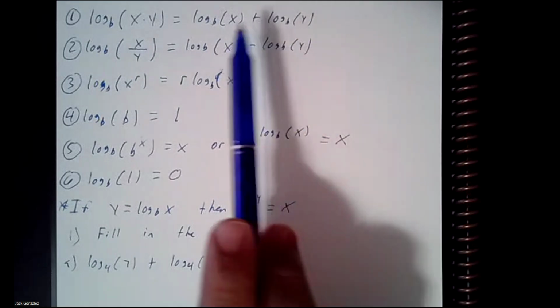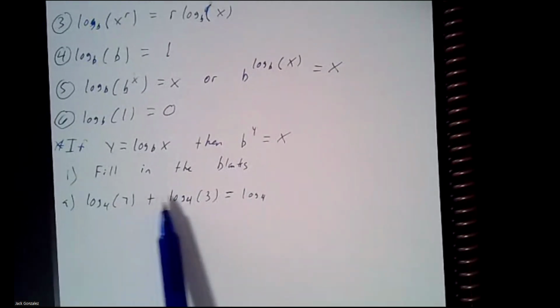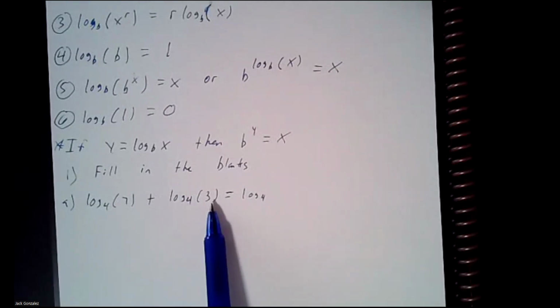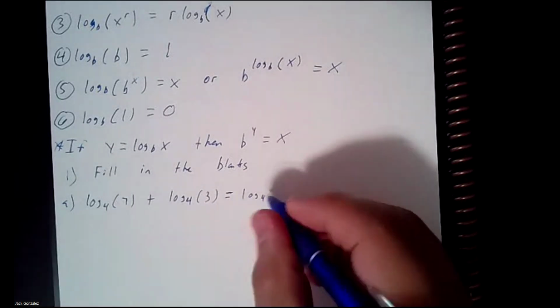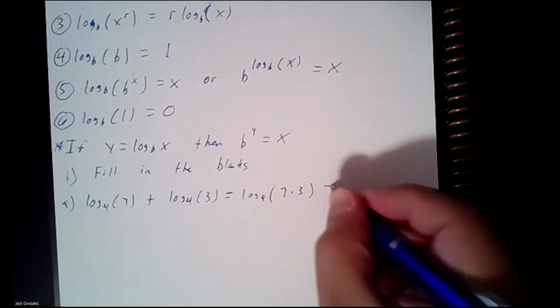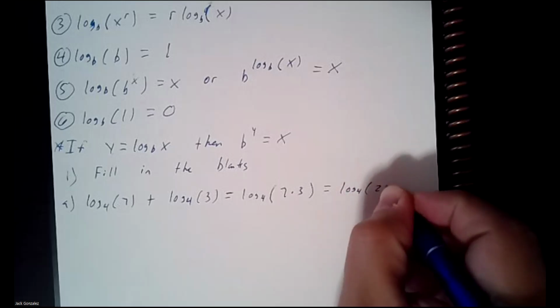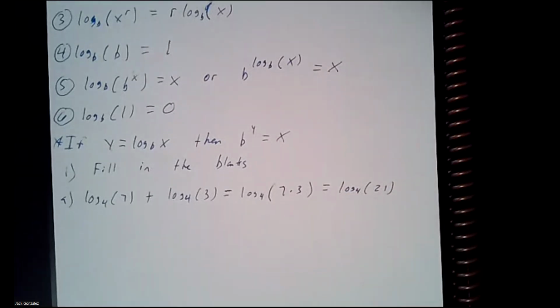If you have a sum, you multiply the inside. So what's 7 times 3? Yeah, so our answer will be log of 21. So all they want us to do is practice the properties.